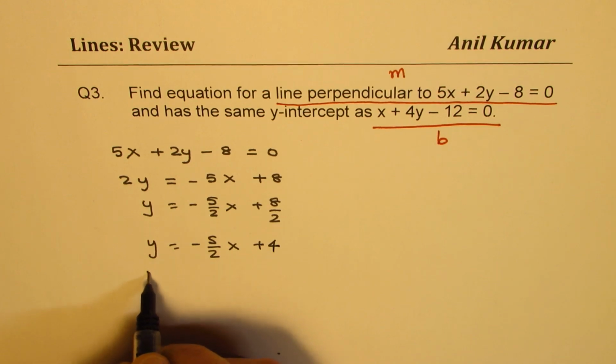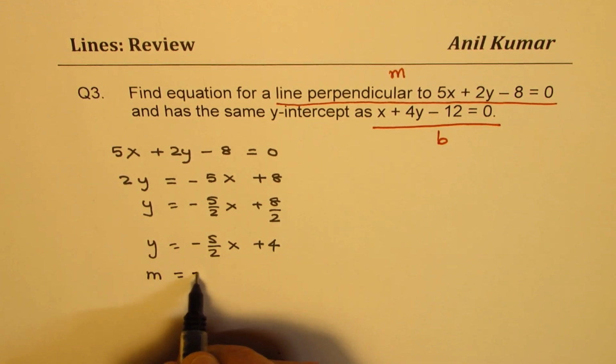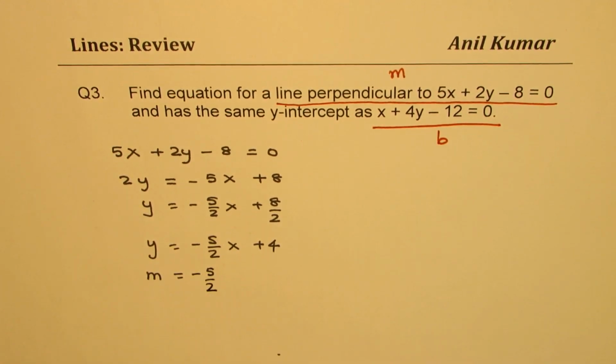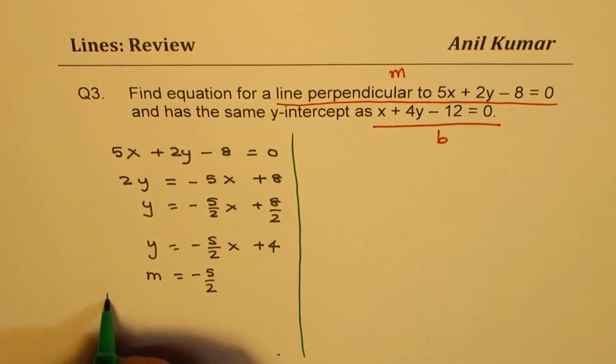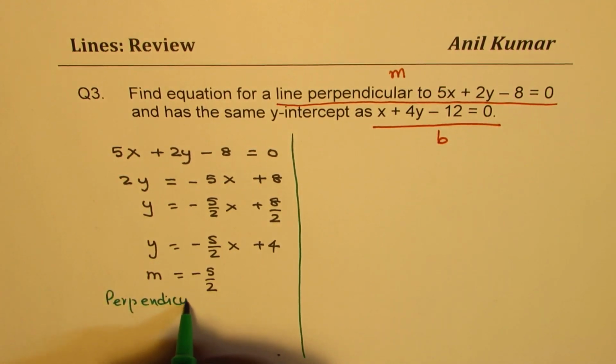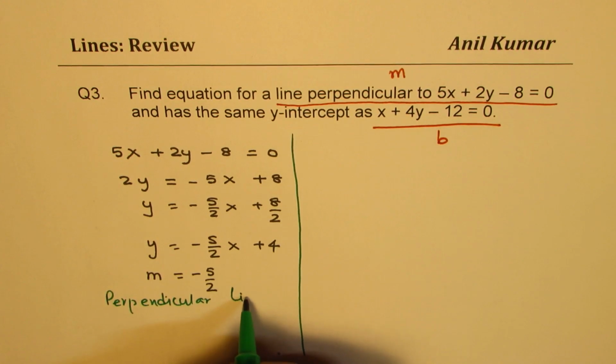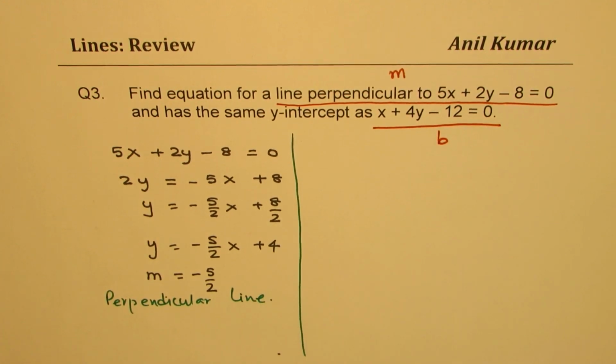So the slope of this line m is minus 5 over 2. Correct? Now how do you find the slope of a perpendicular line? So for a perpendicular line, the slope is the negative reciprocal. So I'll write this as m perpendicular will be, you flip it and change the sign, so it'll be 2 over 5. Okay, so that becomes the slope.